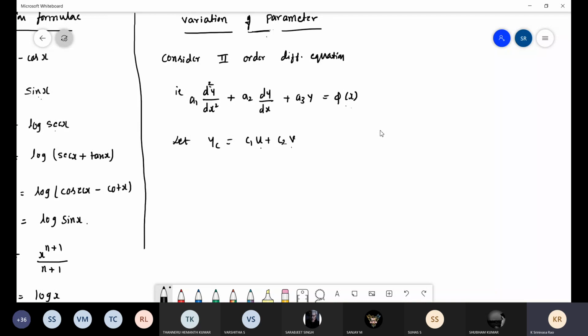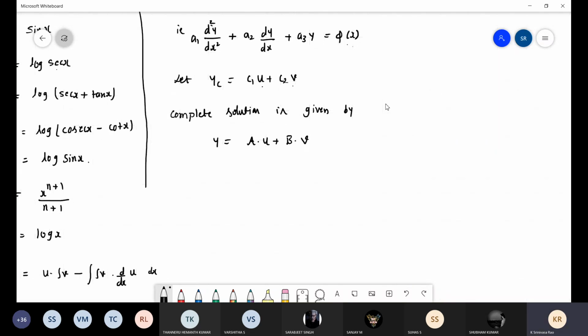Next line. The complete solution is given by y equals a into u plus b into v, where a equals minus integration of vr by omega, and b equals integration of ur by omega.